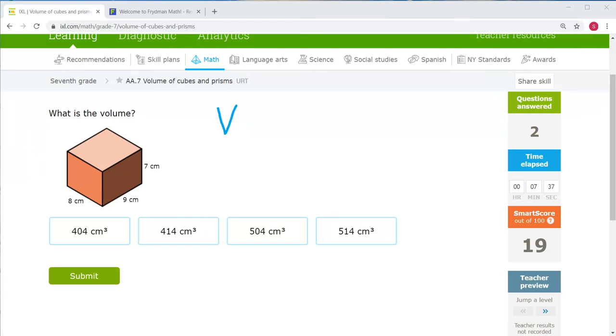The volume of any prism is equal to the area of the base times the height. So the base here is a rectangle. That rectangle is 8 by 9. So for the area of the base, we will write 8 times 9.